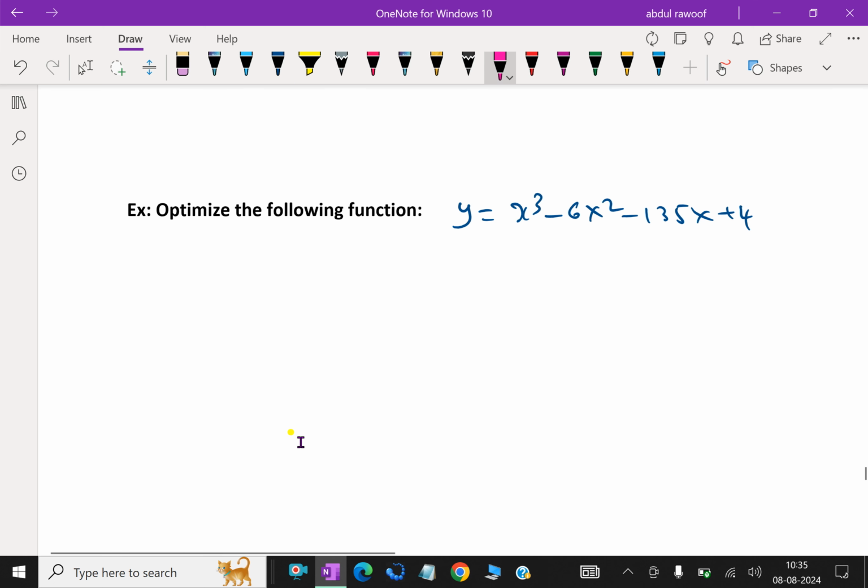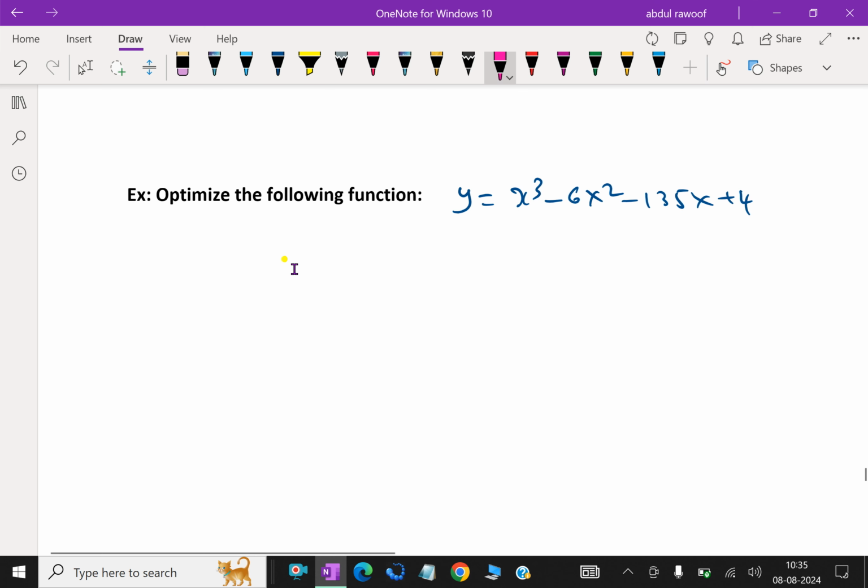So, next question, optimize the following function.